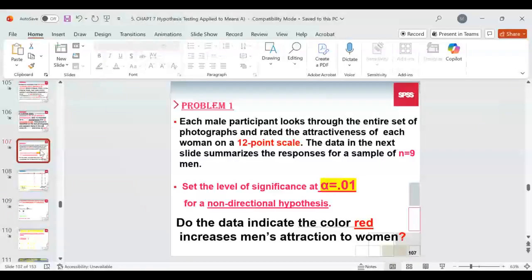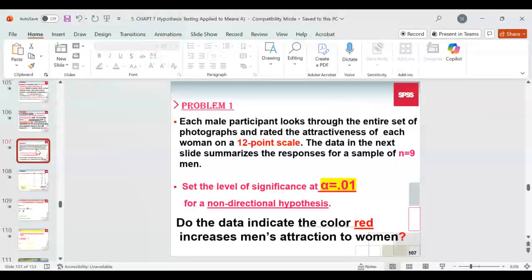Each male participant, so we had 9 male participants, looked through the entire set of photographs and rated the attractiveness of the woman on a 12-point scale. The data in the next slide summarizes the responses for a sample of 9 men.